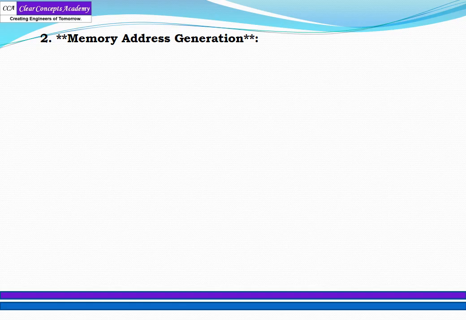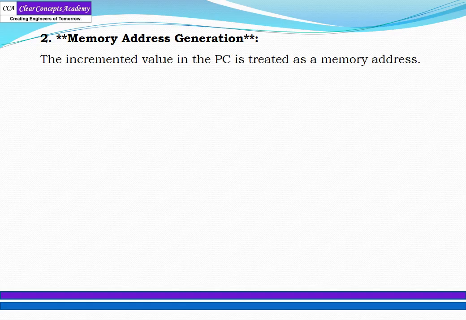Memory address generation. The incremented value in the program counter is treated as a memory address. So whatever incremented value is in the program counter will be treated as the memory address from where the next instruction or data is to be fetched.